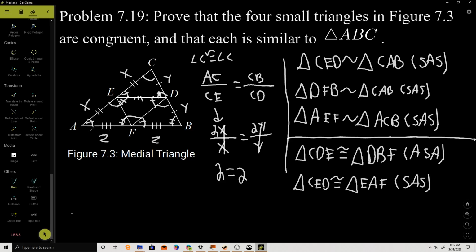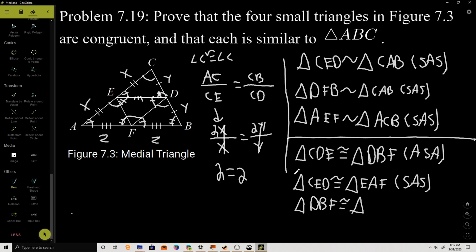Now, how about... Well, we have those two, and if these two are true, then that means that triangle DBF is also congruent to triangle EFA.